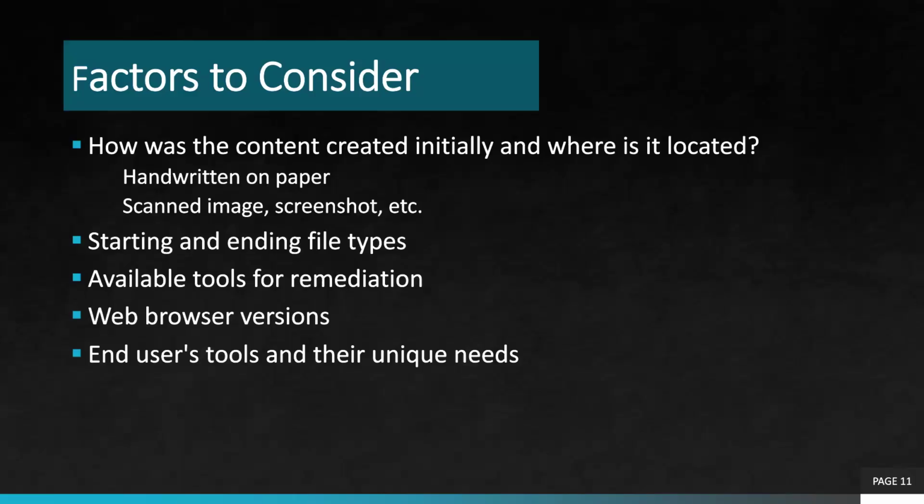That's going to be a picture of handwritten drawn math. Is it a PDF document or a scanned document? We just saw what happens with inaccessible math equations in a PDF document. Maybe it's a screenshot of something on the whiteboard, and where is all of this going? So how are students accessing it and being asked to look at it? Starting and ending file types.